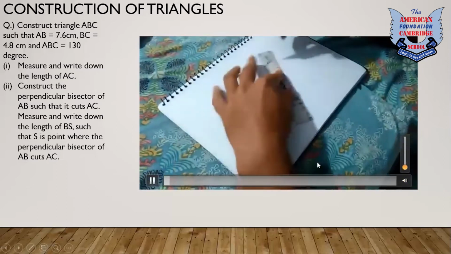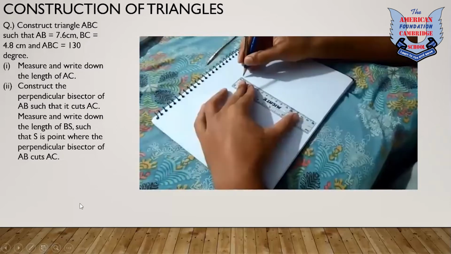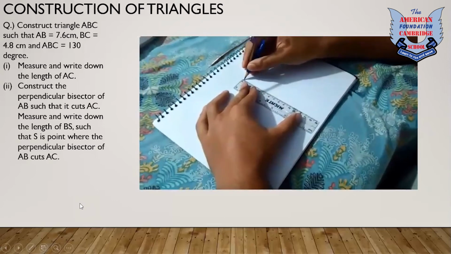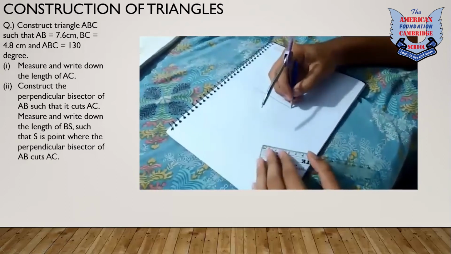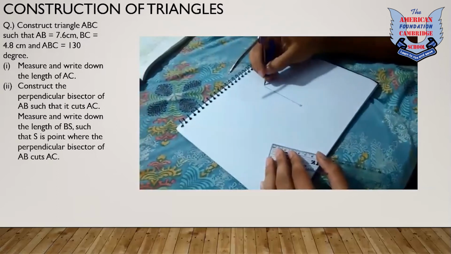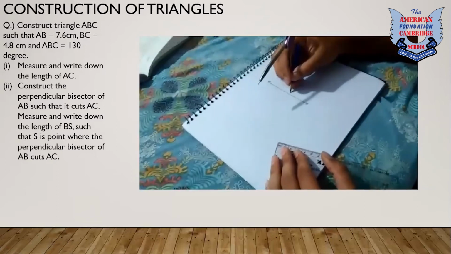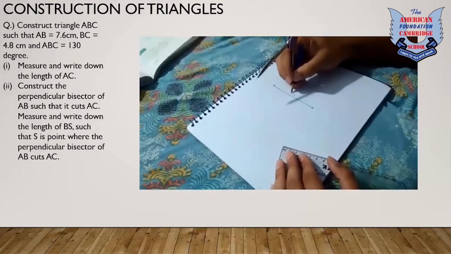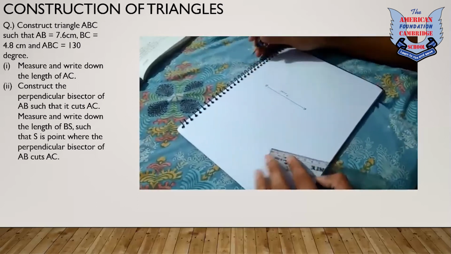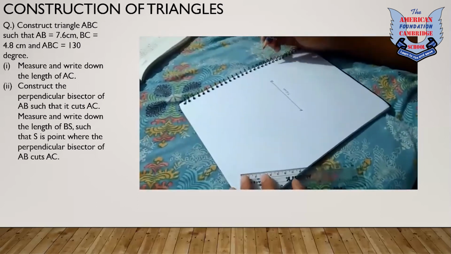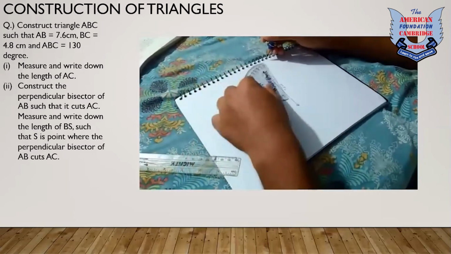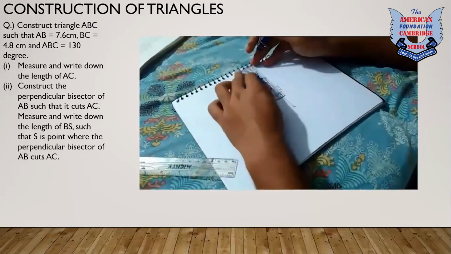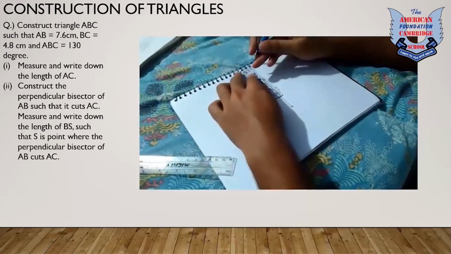One thing you'll do is use a ruler to draw the lines A and B. Then you'll use a protractor to measure an angle of 60, and then you'll draw C.